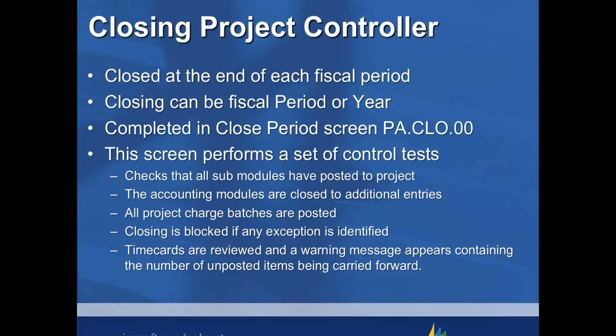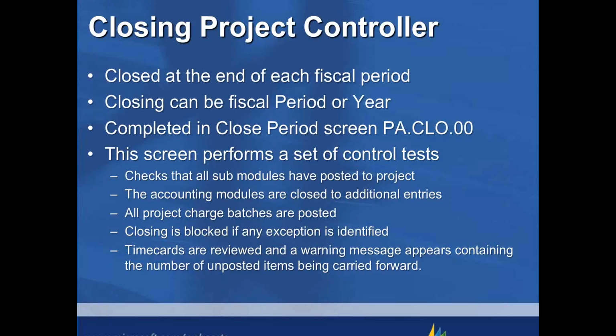The screen performs a set of tests, right? It's going to look and see that all submodules have been posted, like AP, AR, etc. Making sure that the accounting periods are closed and project charge batches are posted, and closing will be blocked if any exception is identified, right?